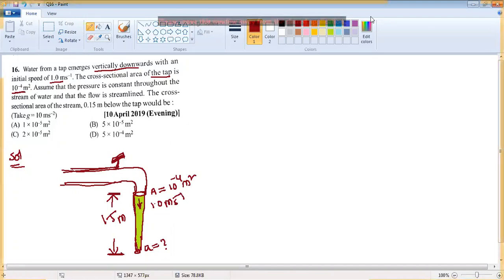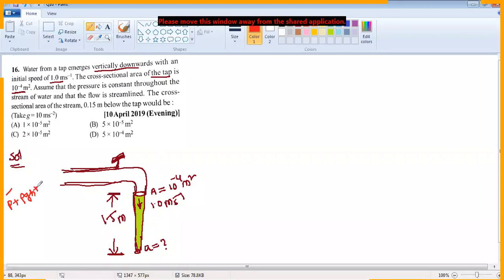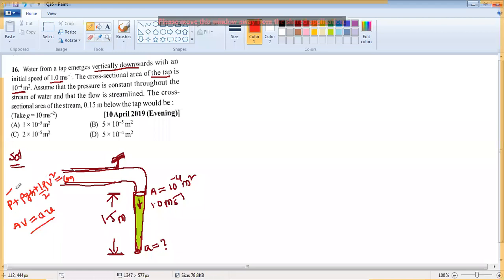So this is the important concept. We are using two principles. One is Bernoulli's principle, P plus rho g h plus half rho v square equals constant, and the equation of continuity, A V equals small a into small v. Using these two principles we can solve these numericals.